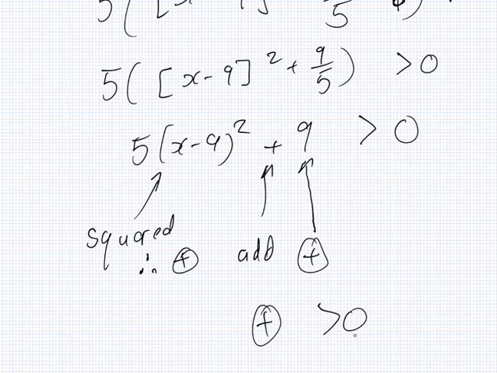Please remember, in the exam, you get 1 mark for writing the explanation at the end, where I said squared, therefore positive, 9 positive, add them together positive. You got 1 mark. Don't forget to write that.